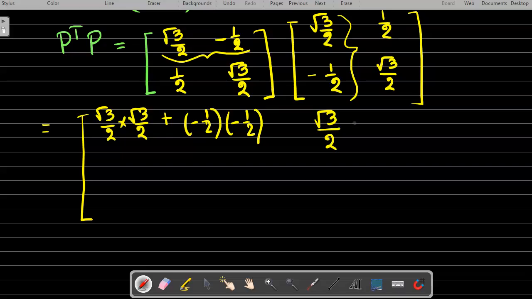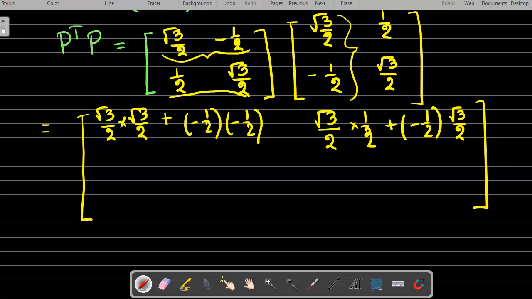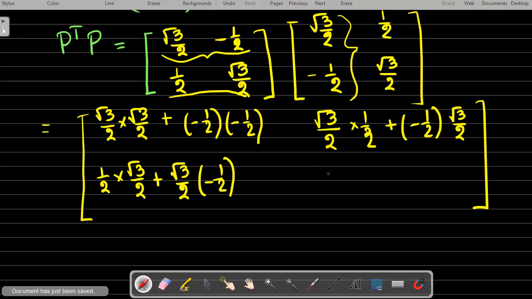So root 3 by 2 into half, then plus minus half multiplied by root 3 by 2. Now in this element, take the second row and multiply this by the first column. So find the dot product, half into root 3 by 2 plus root 3 by 2 into minus half. And now take the second row and dot product of it with the second column. So you will get half into half plus root 3 by 2 multiplied by root 3 by 2.